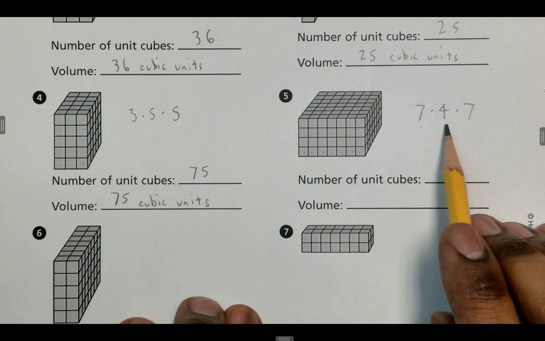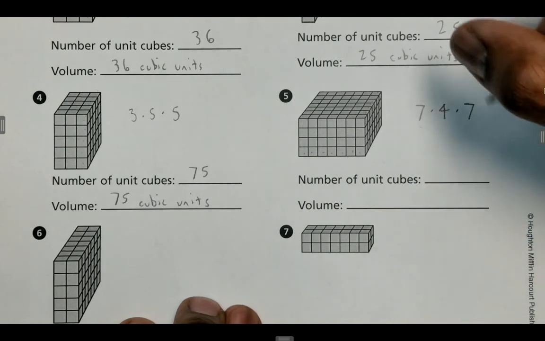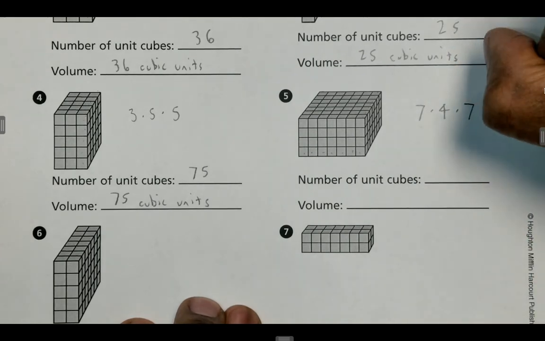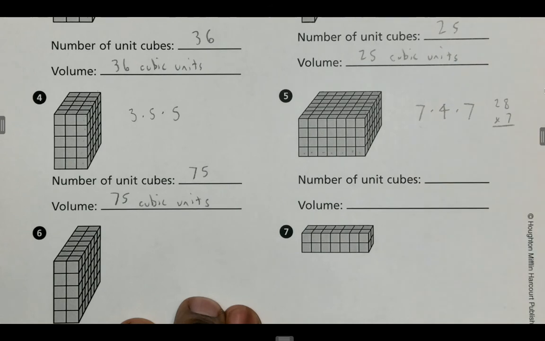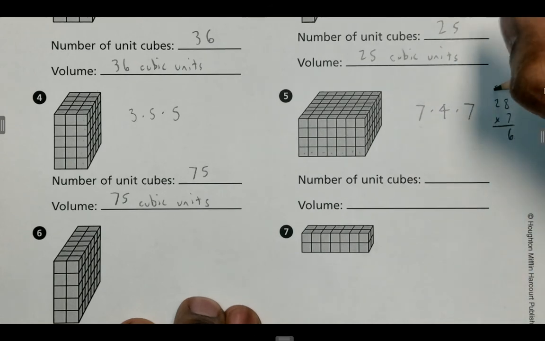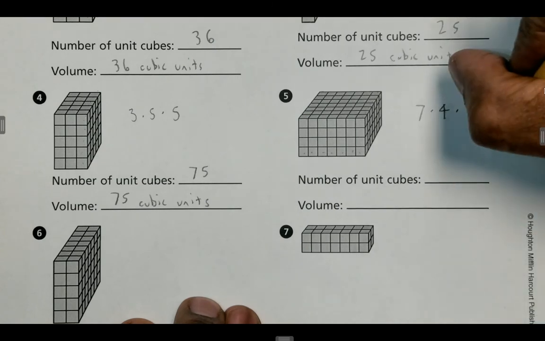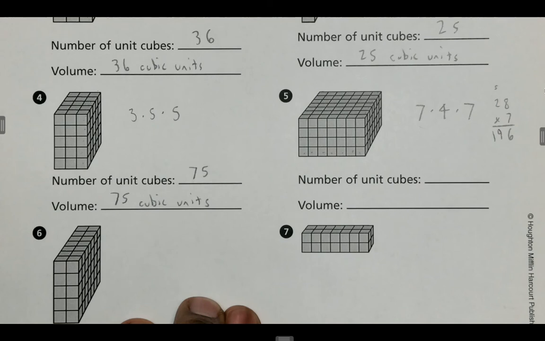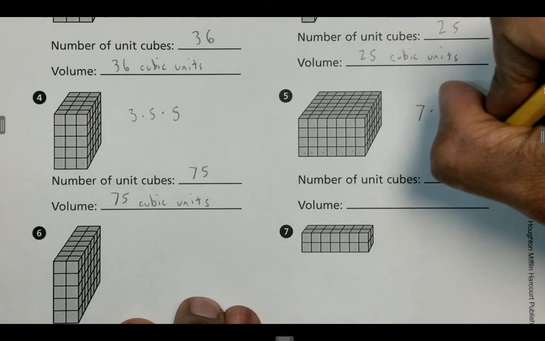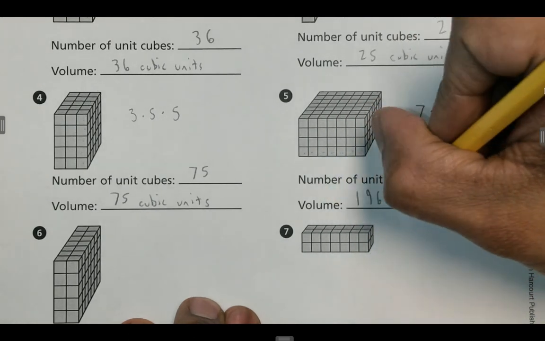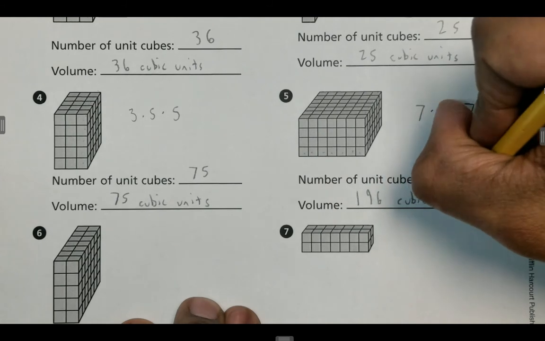So 7 times 4 is 28. 28 times 7. Let's just set that up as a side calculation here. 7 times 8 is going to be 56. 6 comes down, the 5 gets carried. 7 times 2 is 14 plus the 5 gets us 19. So we had 196 cubic units.